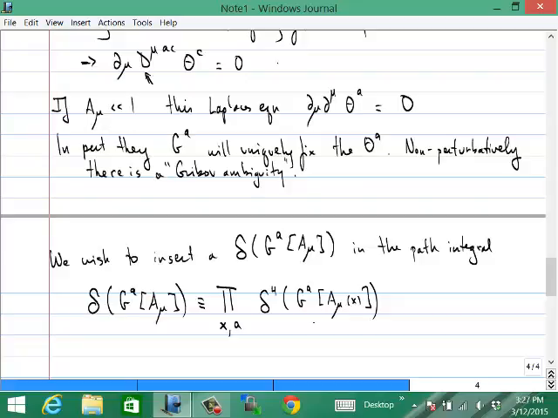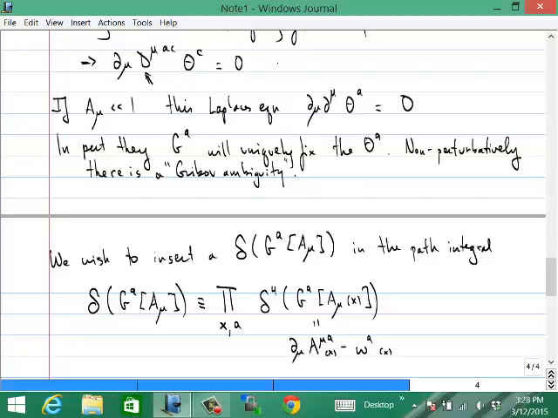Or, to write this out more explicitly, it's the divergence of A_mu minus omega^A evaluated at the point x. So you're really thinking about a product of an infinite number of delta functions. It's the analog of a delta function for a path integral rather than a normal integral.